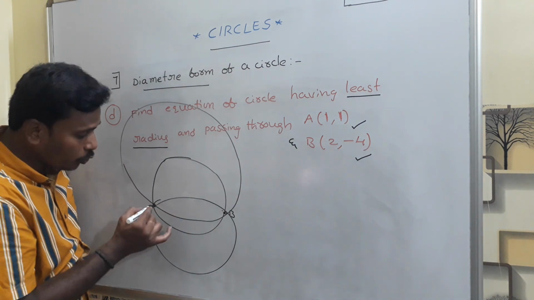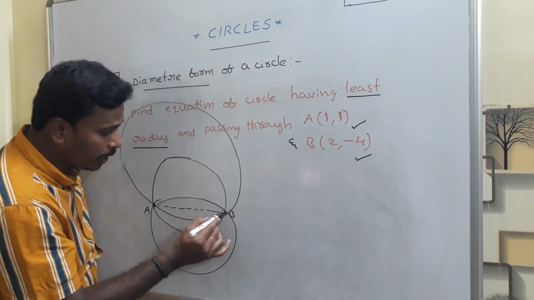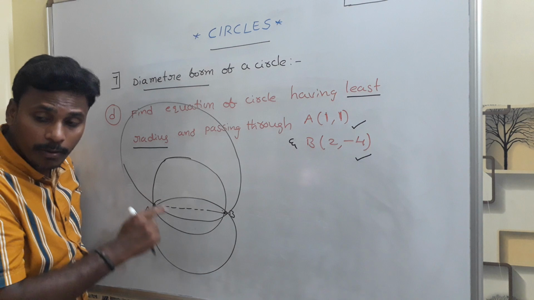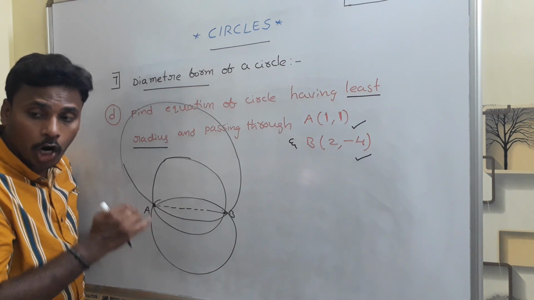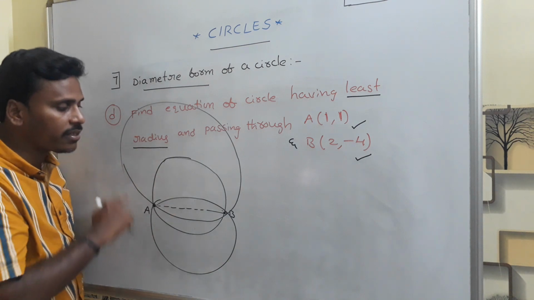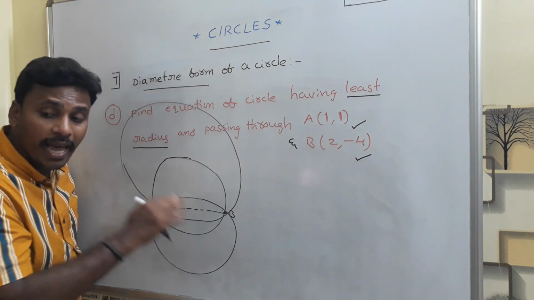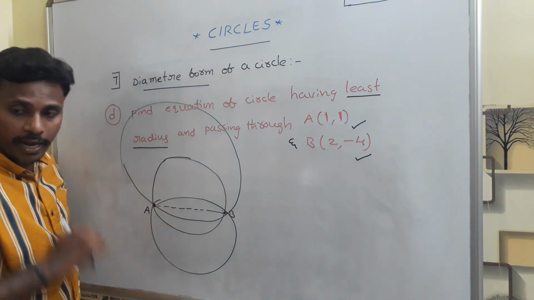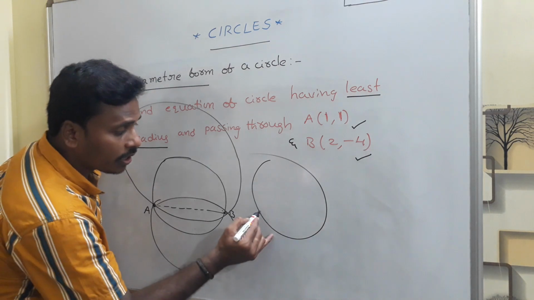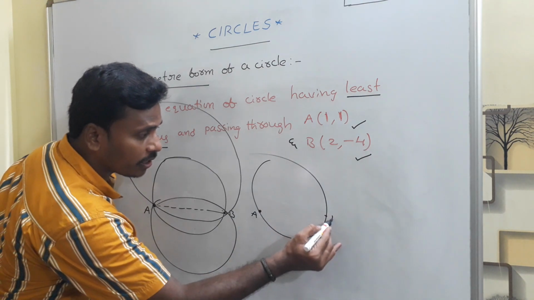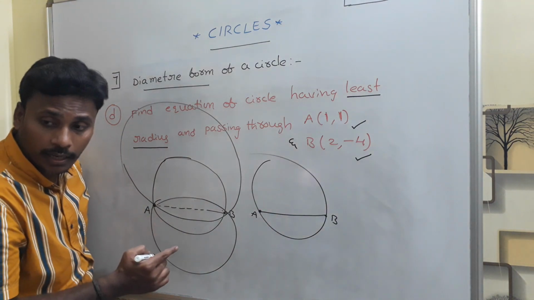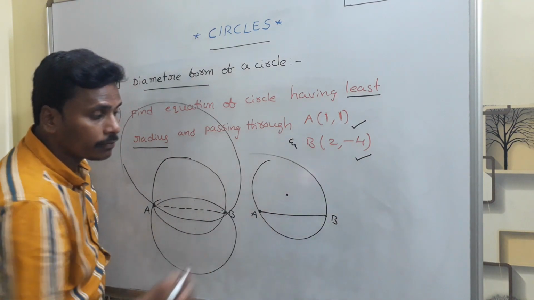Now just think about it. When you join AB, it becomes a chord of the circles. This AB acts like a chord for all those infinite circles, because all of them contain AB on their circumference. Now imagine we have a circle here, and on this circle A is here and B is here; this AB is a chord of the circle. And for this circle, what do you say about the diameter?